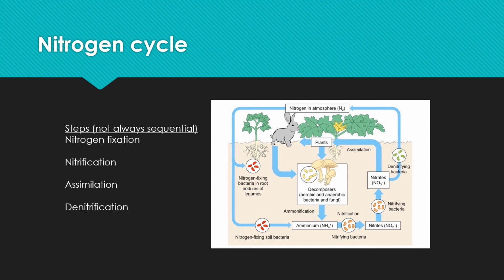That's the conversion of nitrate to gas, and it goes back to the atmosphere. So you can see it's a cycle. Let's contain the gas, the nitrogen. Let's convert it to something we need in nitrification. Let's use it by assimilation. And let's break it back to what it originally was to start the cycle over in denitrification.